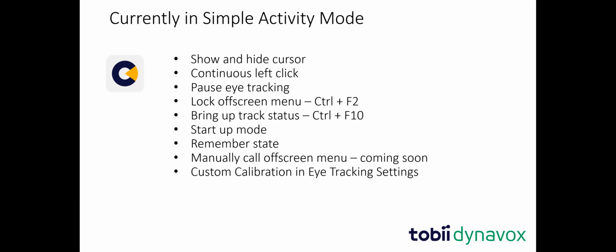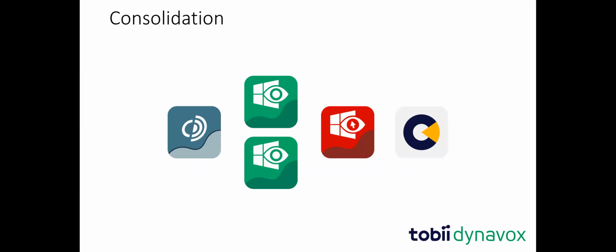We also got some feedback that they would like us to be able to manually show the off-screen menu so they can interact with it. So that is something that we will look at and will be coming soon. And if you need custom calibration, we have eye tracking settings there directly on the desktop, so you can just use that one. So with this, what we're trying to do is to add the functionality from many different apps that we used to have into one application, Computer Control, which is the way forward, at least for us.